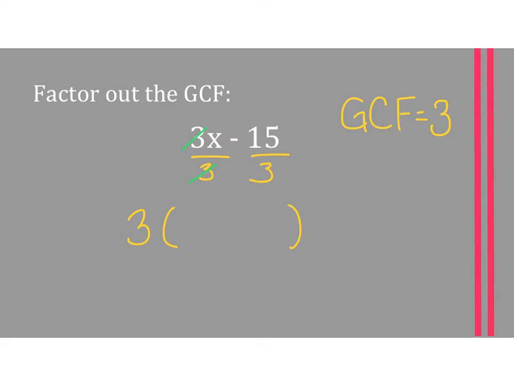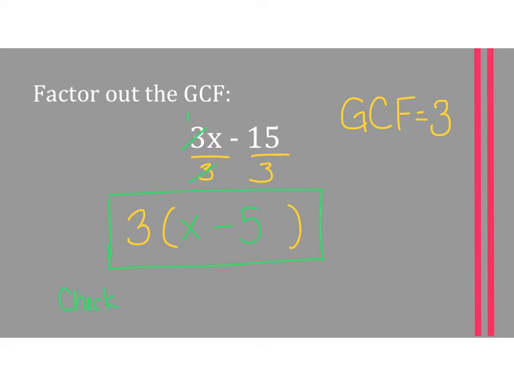3 divided by 3 is 1, so I'm left with 1x, which is just x. I don't need to write the 1 there, but if you did, it wouldn't be wrong. And 15 divided by 3 is 5. So my answer here is equal to 3 times the quantity of x minus 5. A way to check it would be 2 things.